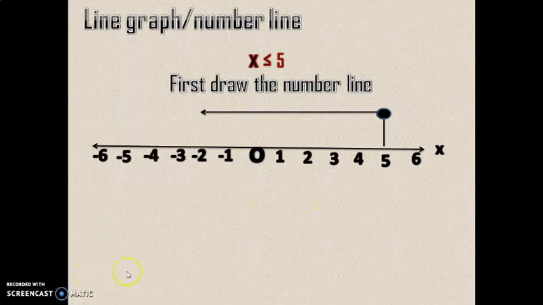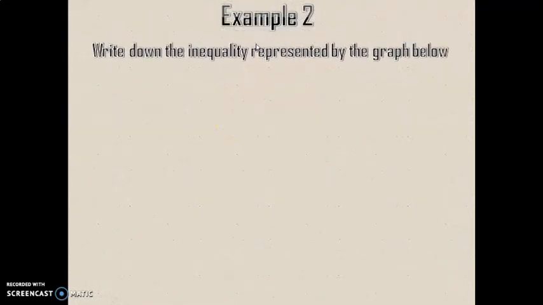So we are going to look at another example again. All right, let's quickly look at the second example. The second example is a very important one, and I want you guys to pay attention to this. They are very simple. Write down the inequality represented by the graph below.